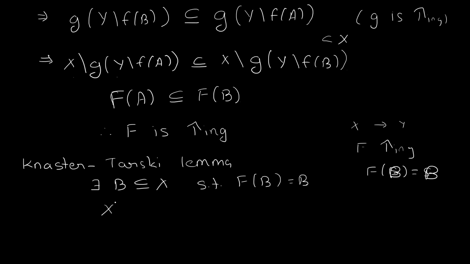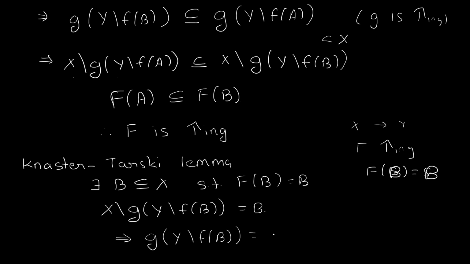F of B is X minus g of Y minus small f of B, and this becomes equal to B. Now this implies g of Y minus f of B is equal to X minus B. Okay, so now what I will do is this X minus B, I'll name this as set A, so A is equal to X minus B. B I will name as B itself.